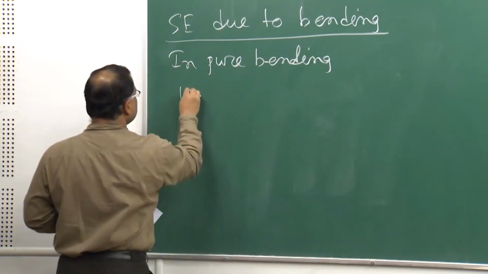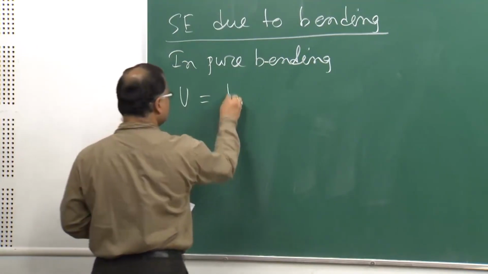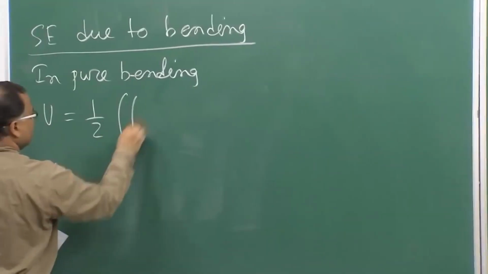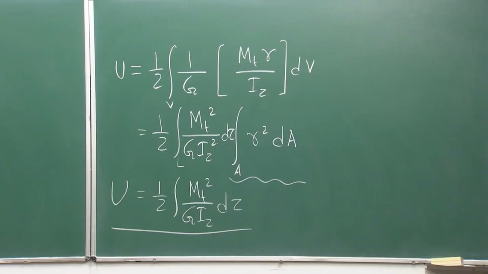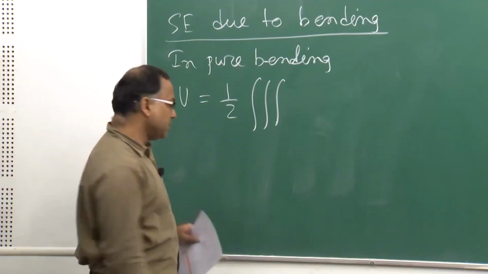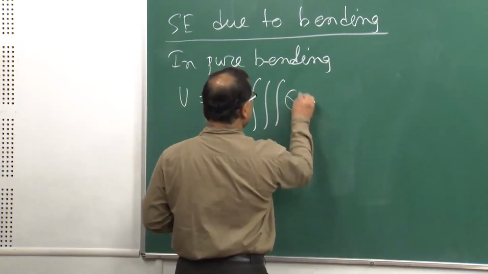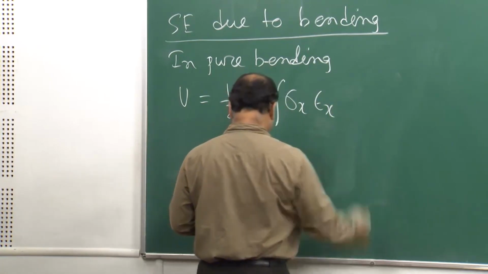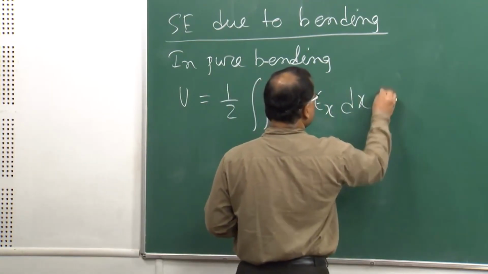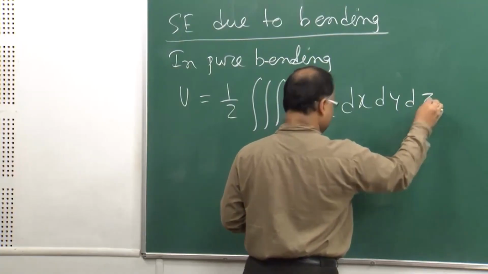The total strain energy U can be written as half, triple integration over the volume, as we were discussing, of sigma x epsilon x dx dy dz.